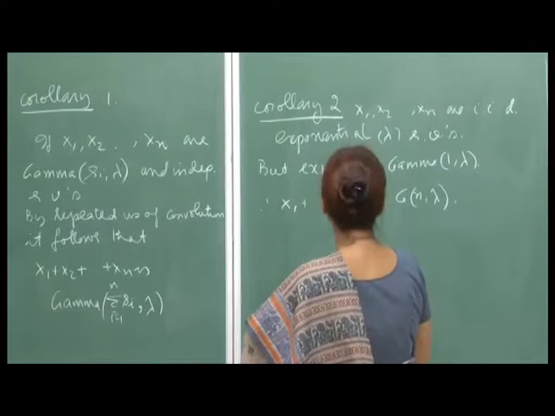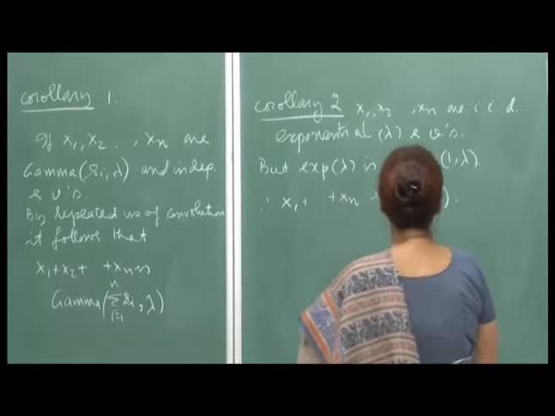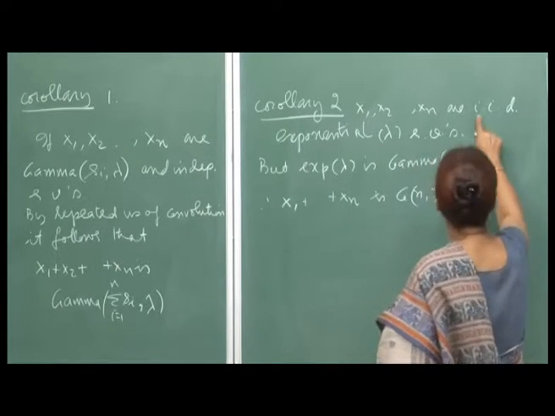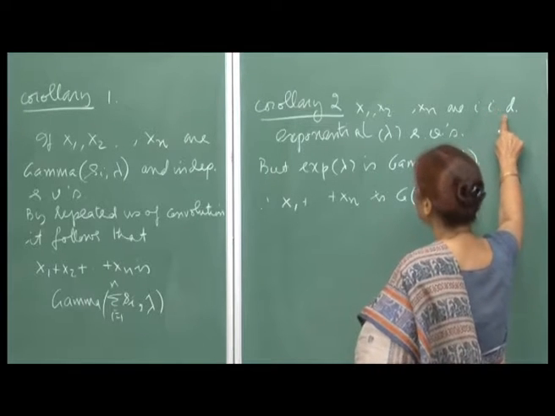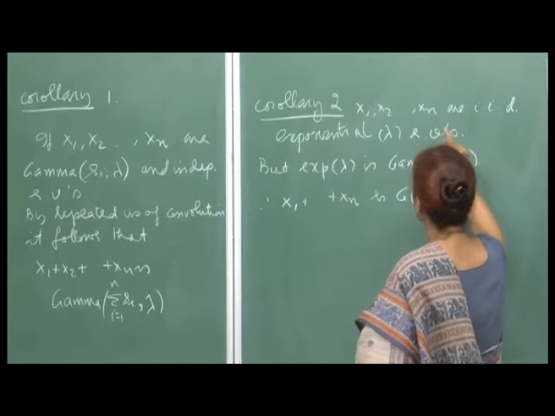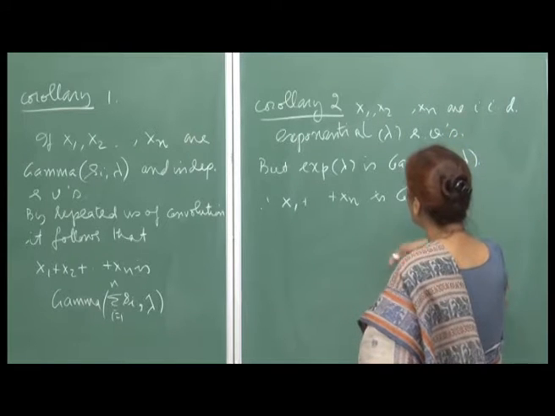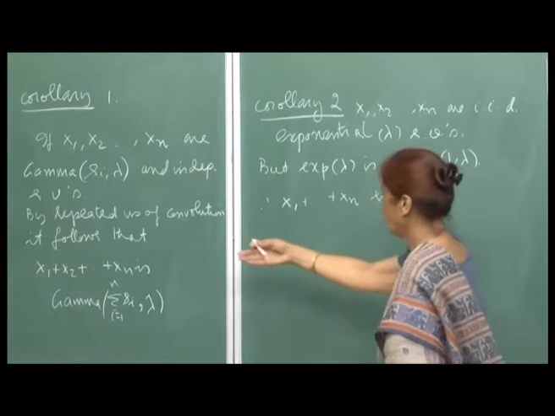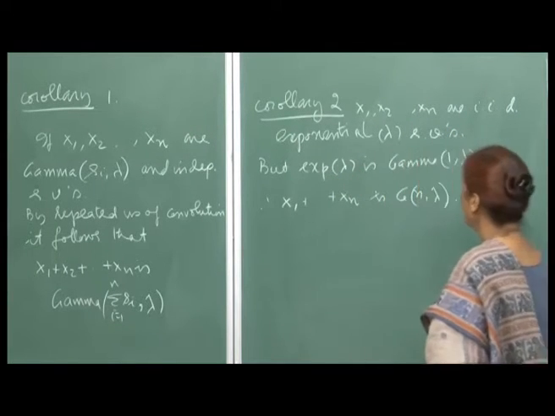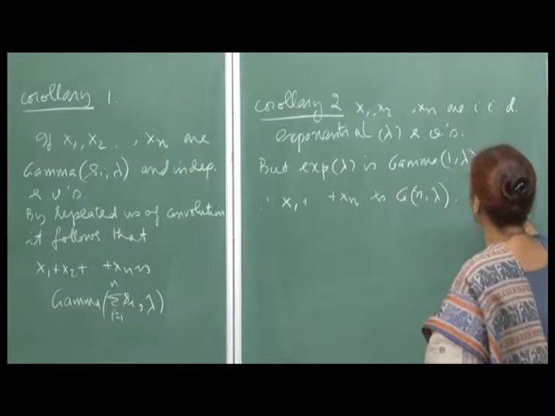Another corollary, which is that if x 1, x 2, x n are identically independently distributed exponential lambda random variables, and we know that an exponential lambda, from the gamma PDF you can see, is a gamma 1 comma lambda.